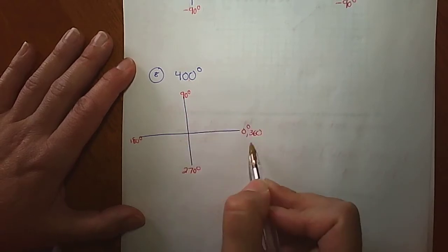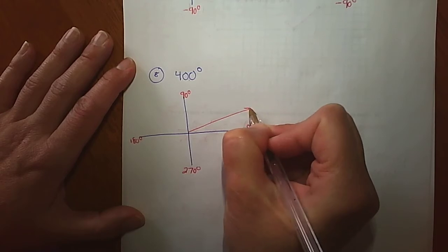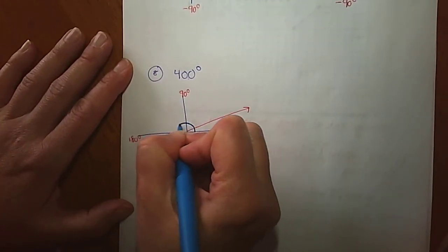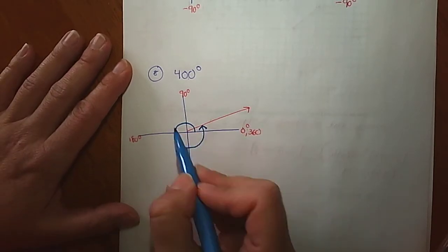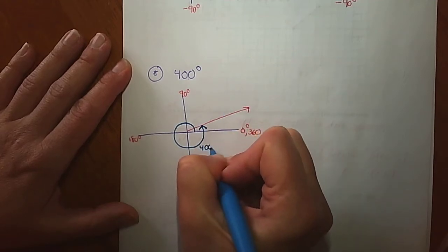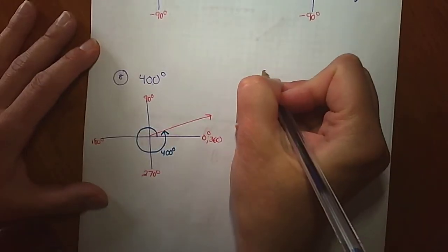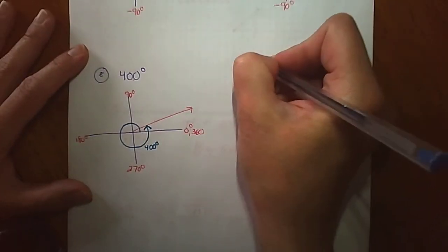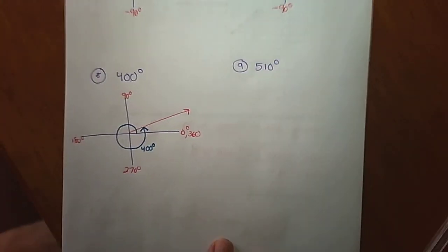So we're going to go past 360 a little bit. Right there. So that means we went around the circle and we kept going. So you're going to see how it wraps around more than once. This is 400 degrees. All right, so try that again. Okay. Let's do 510. So give that a try.